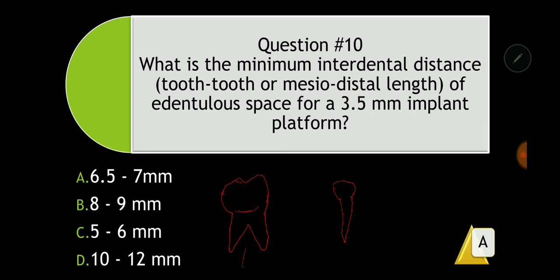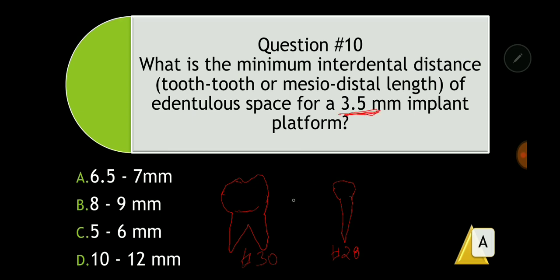Let's say this is number 30, okay, and this is number 28, and we are replacing 29, right? So how much of this space should you have to place a 3.5 millimeter implant, right?